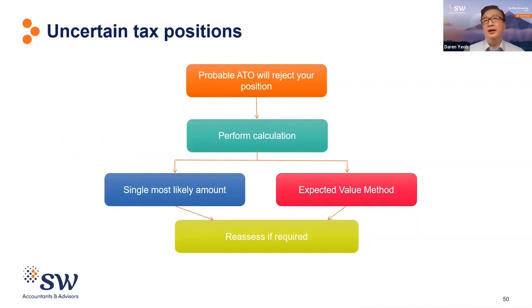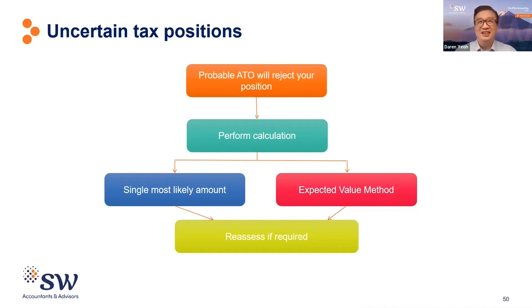So to work out whether or not you need to recognize any uncertainty into your financial statements, you need to ask, is it probable, again, more than 50% chance, that the ATO will reject your position. Most people would say there's no way I will recognize anything that the ATO would probably reject.